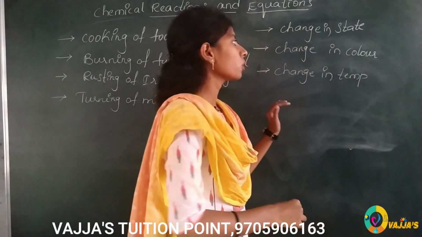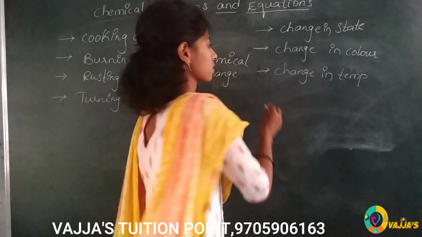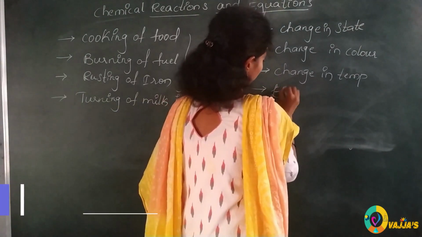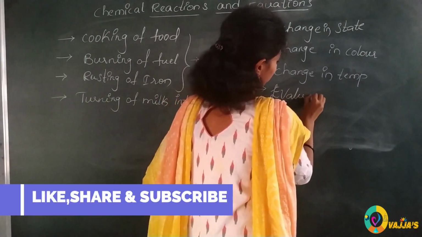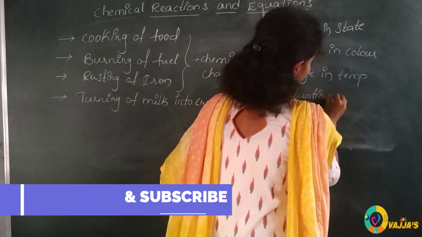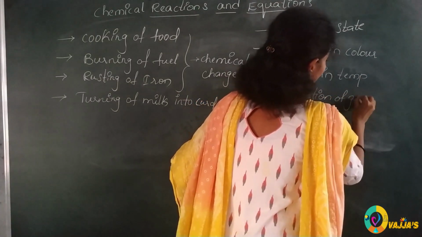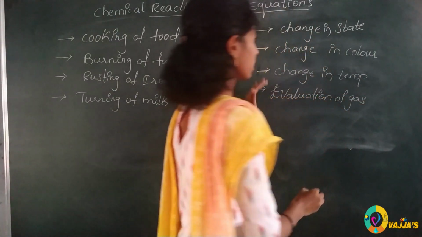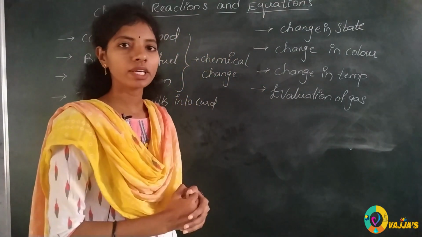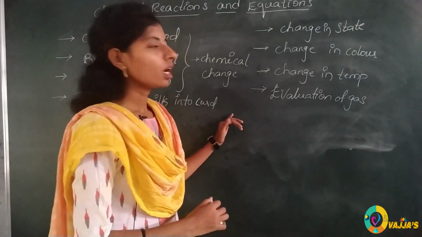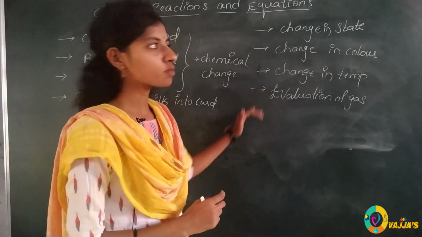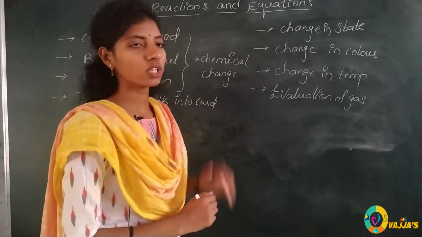Sometimes we may also observe evolution of gas. So these are the types of changes we will see in chemical reactions. Now we have to perform some activities based on these chemical changes.